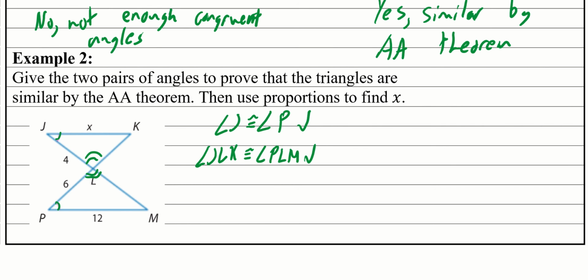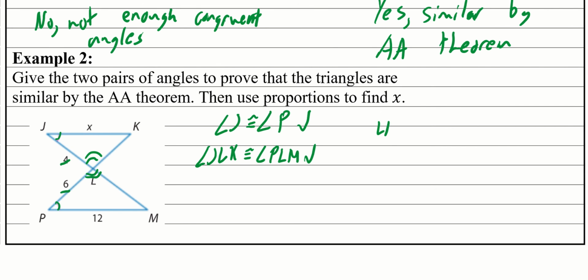And the good news is I don't need the third pair of angles because this is enough for the similarity theorem. So now I know these are similar, and now I can start to set up my different proportions here to solve for x. And remember, if we're setting those up, I can use the scale factor, and I'm looking for two corresponding sides that are numbers, not variables.